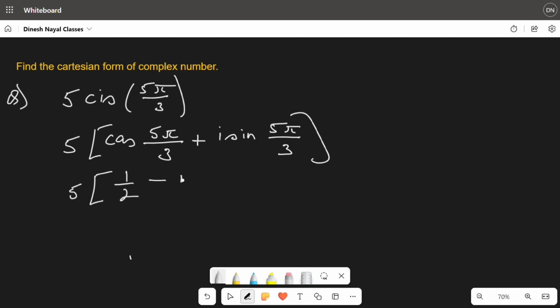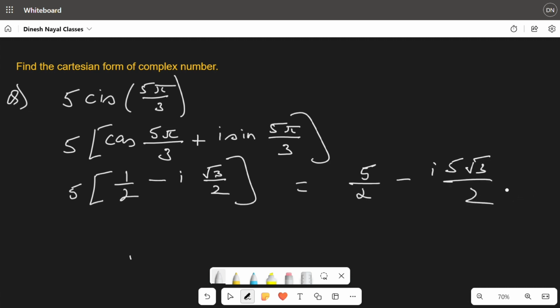So this will be minus i root 3 by 2. Value of sin 5 pi by 3 is minus root 3 by 2. So now you can expand the bracket. This will be 5 by 2 minus i 5 root 3 by 2, which is in the Cartesian form.